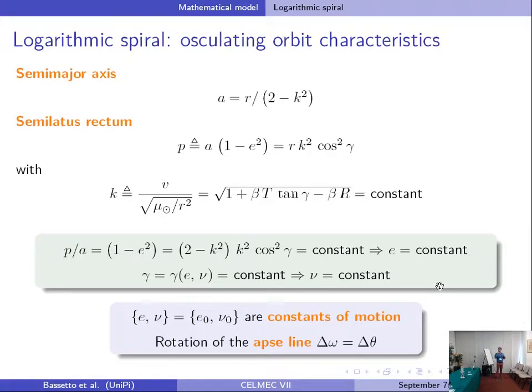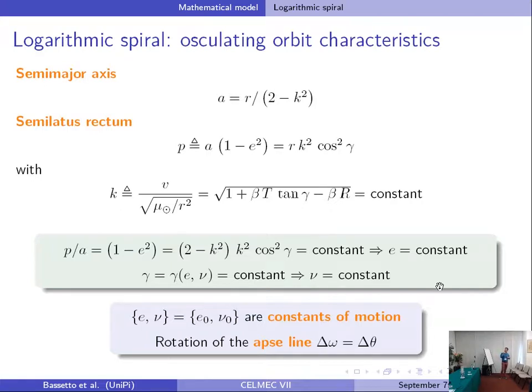Now, once we have the solution, we can derive the osculating orbital parameters and their evolution with respect to the angular coordinate theta. In particular, a and p, the semi-major axis and the semi-latus rectum of the osculating orbit, are proportional to r.